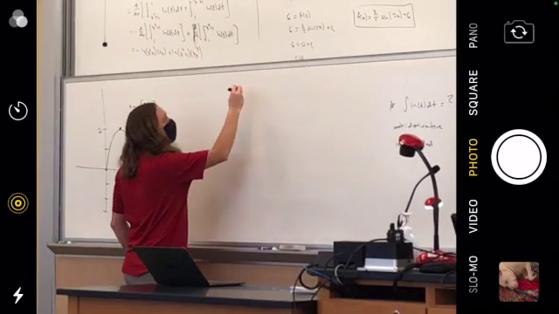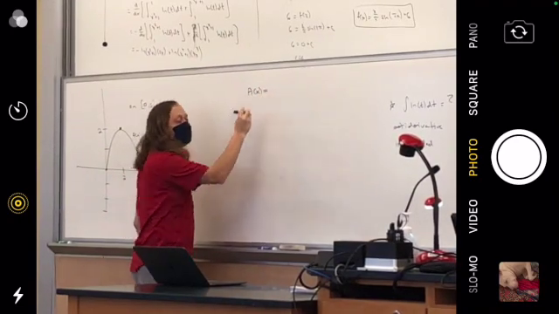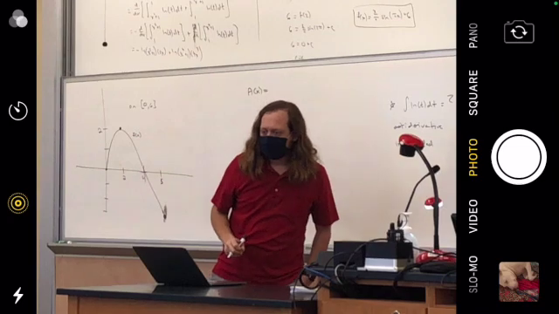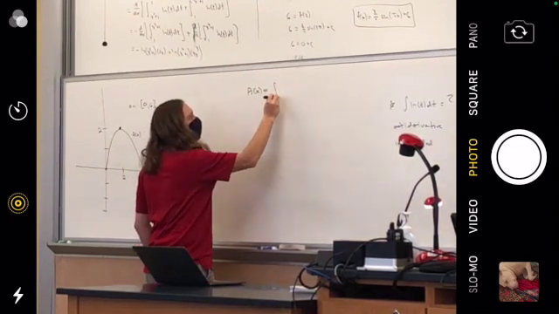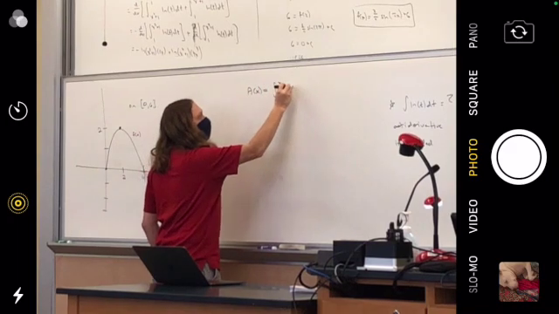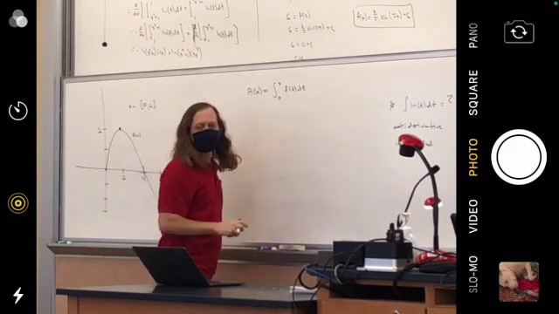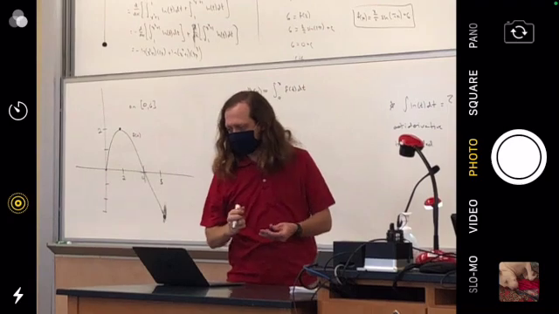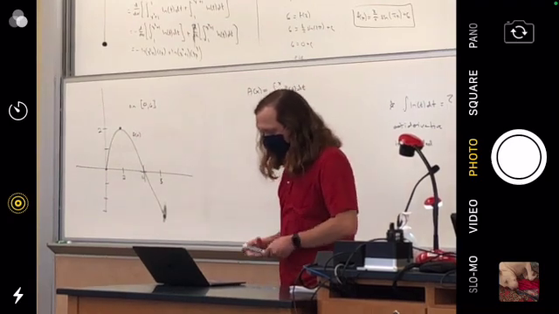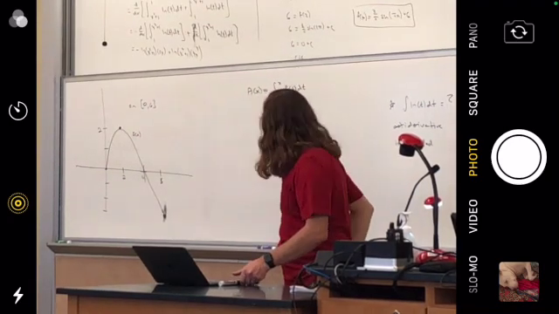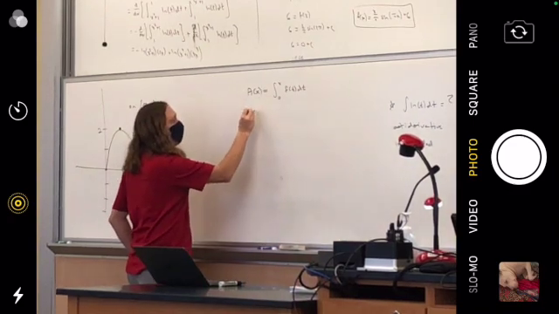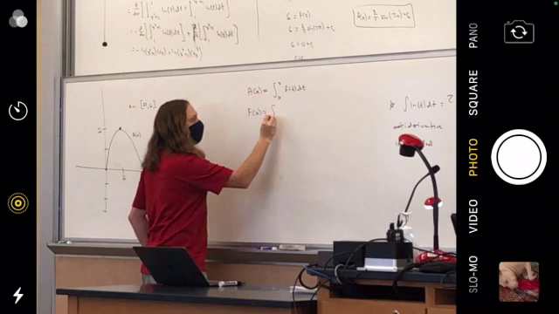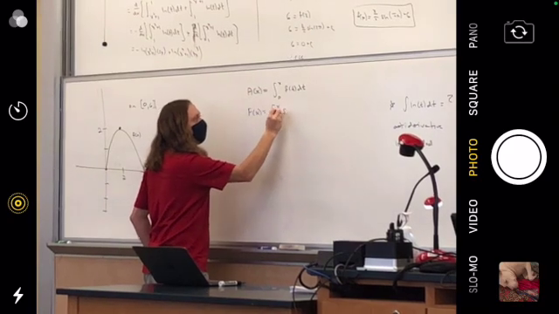Alright, so I want to define A of x is equal to the integral from 0 to x of f of t dt. And eventually I'm going to redo this with A of x as the integral from 4 to x of f of t dt.